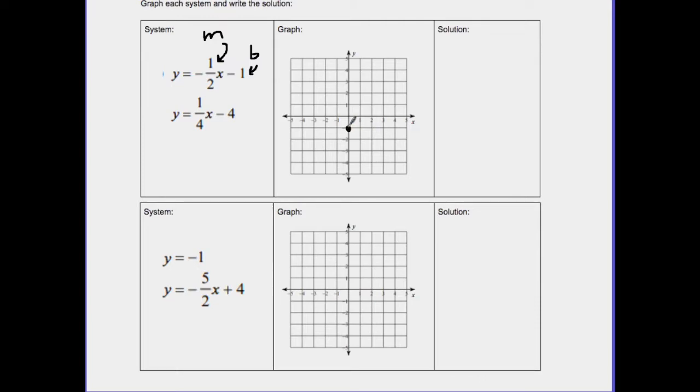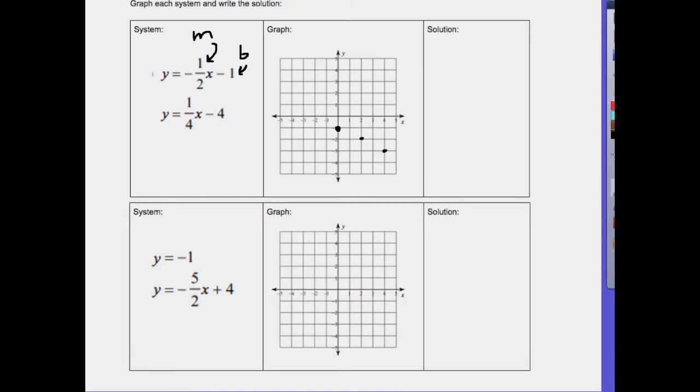Then we move with m, so down 1, right 2, down 1, right 2. Then I'm going to use my ruler or straight edge if I'm doing this on paper to connect these. A little bit off, but we can fix it.